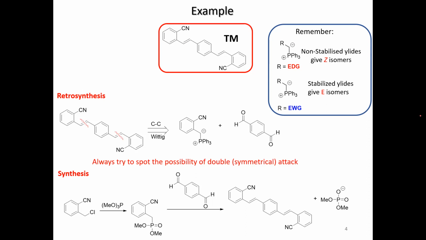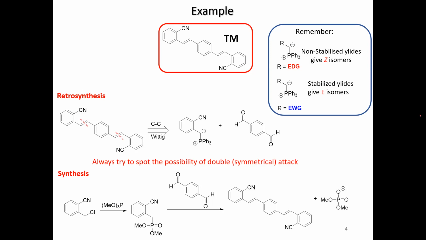And what stabilizes the phosphorus is something which withdraws electrons. Electron withdrawing groups withdraw electrons, stabilize the halide, and give the trans double bond. Something electron donating, which is pushing electrons, destabilizes the halide, and then in turn gives you this.